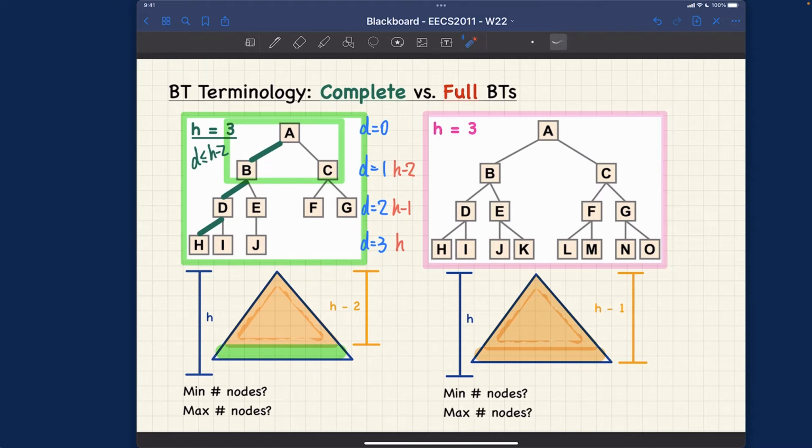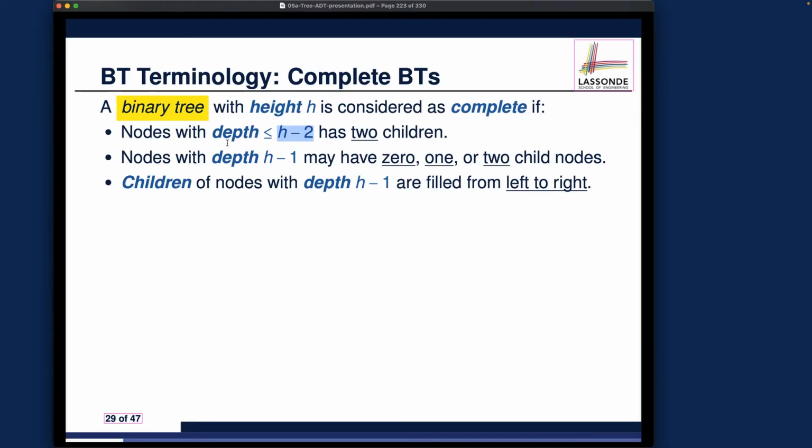What about criteria number 2? All the nodes with depth h-1 may have 0, 1, or 2 child nodes. And number 3, we can talk about it together. The children should really be filled in from left to right.